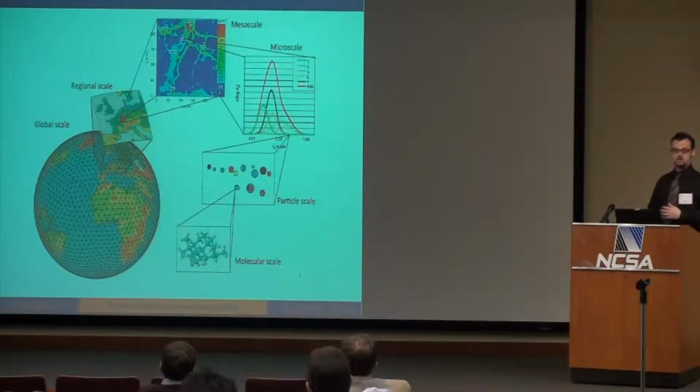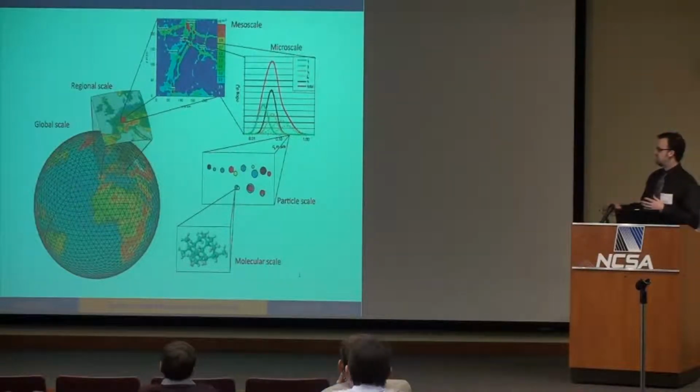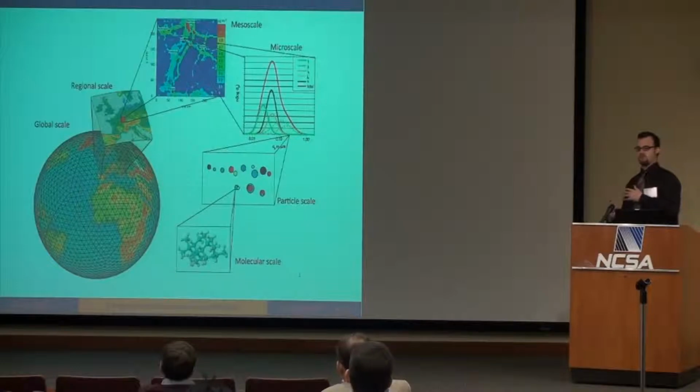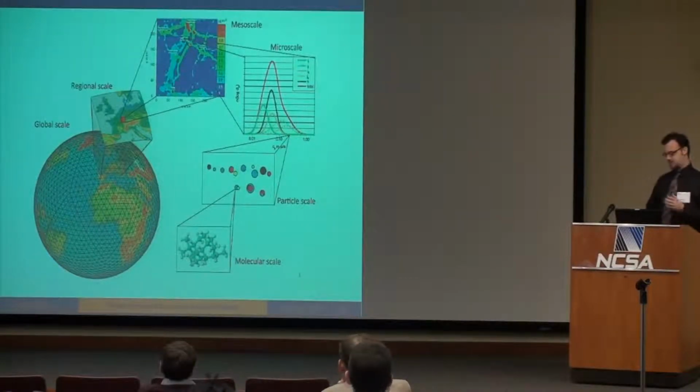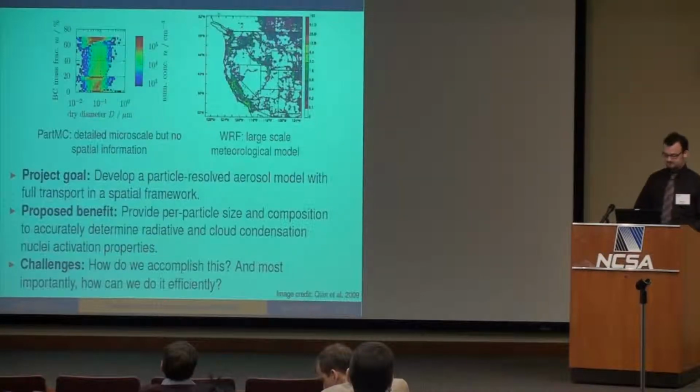And then finally a global scale. So there's real difficulty here. In a global scale model, we can't represent all these small scale processes. But we hope to parameterize them in a way that will still get the answer right. So we have to look at these particles and understand them in order to do that well.